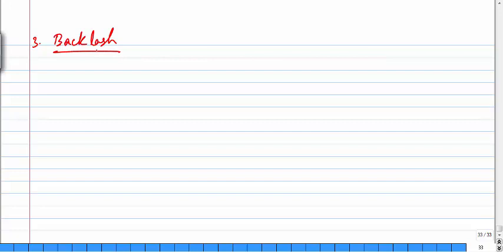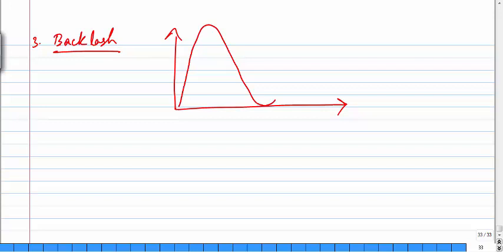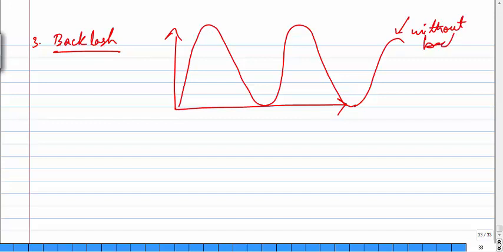For backlash, if I look at the response, it will move, for example, in this manner. Due to backlash, there are some points and some difference where you don't find any output. So let me write it: without backlash.